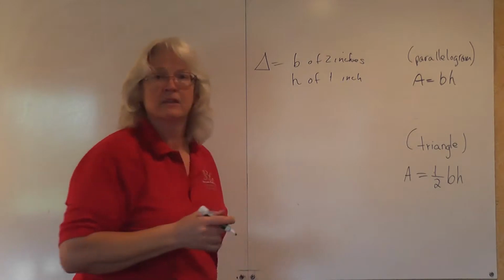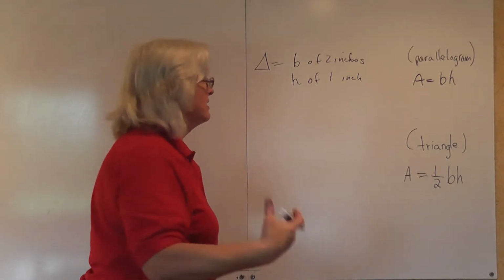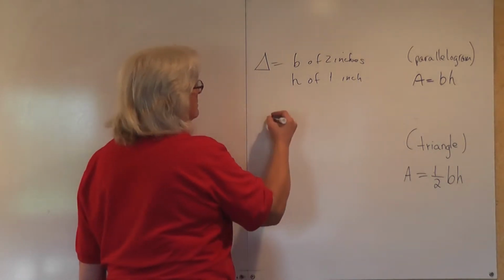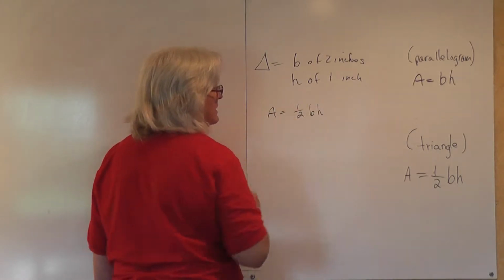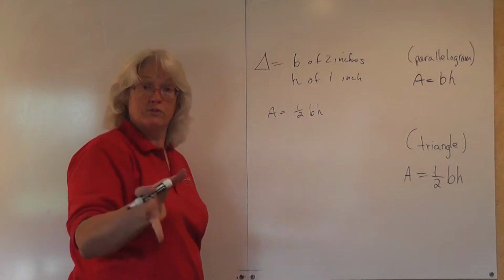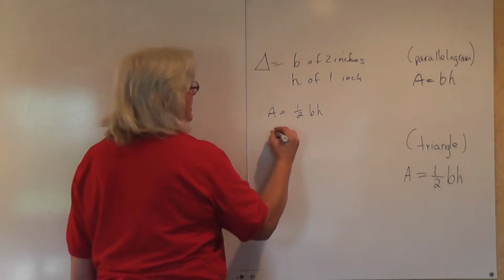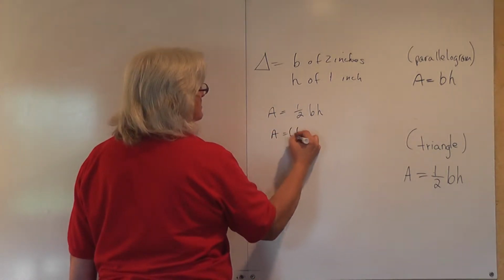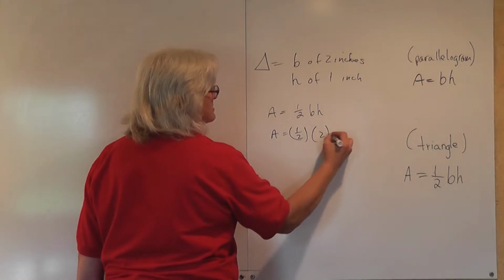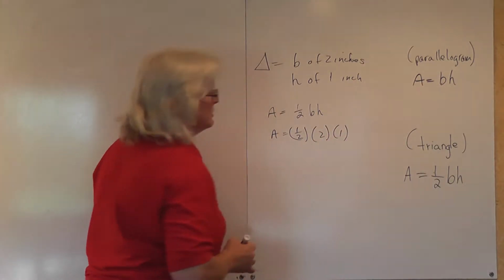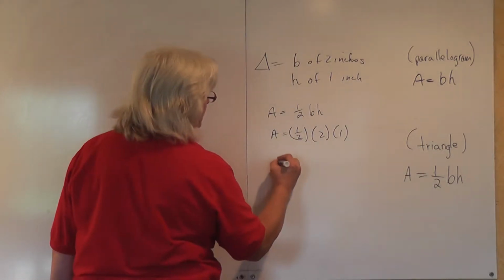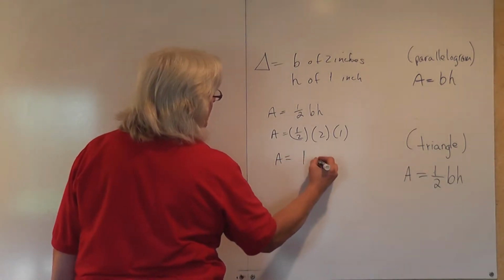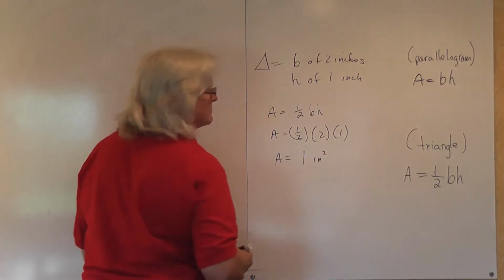What is the area of this triangle? The area is 1/2 the base times the height. You always have to write your formula. Area is 1/2 times the base, which is 2, times the height, which is 1. 1/2 times 2 is 1, times 1 is 1. So the area is 1 square inch.